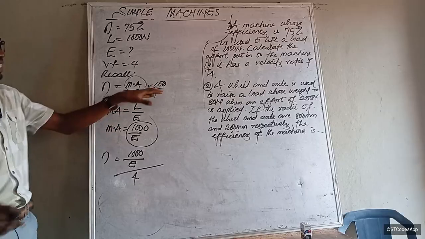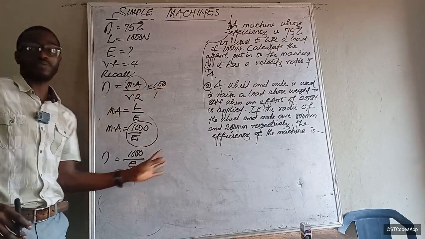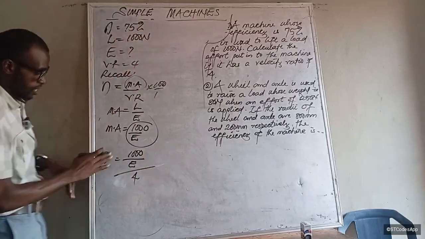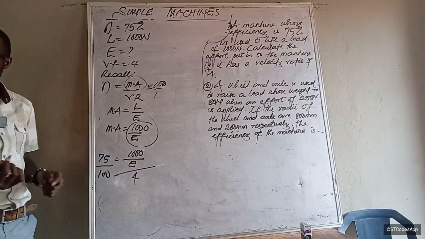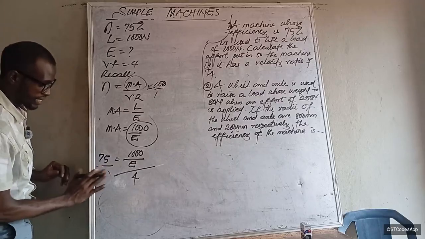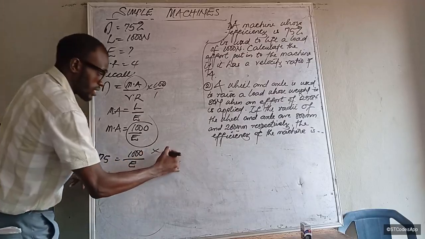Now listen, this times 100 is not necessary here, since you are given 75%. You can just say it is 75 over 100. It's the same as picking 75 here and putting times 100 here.